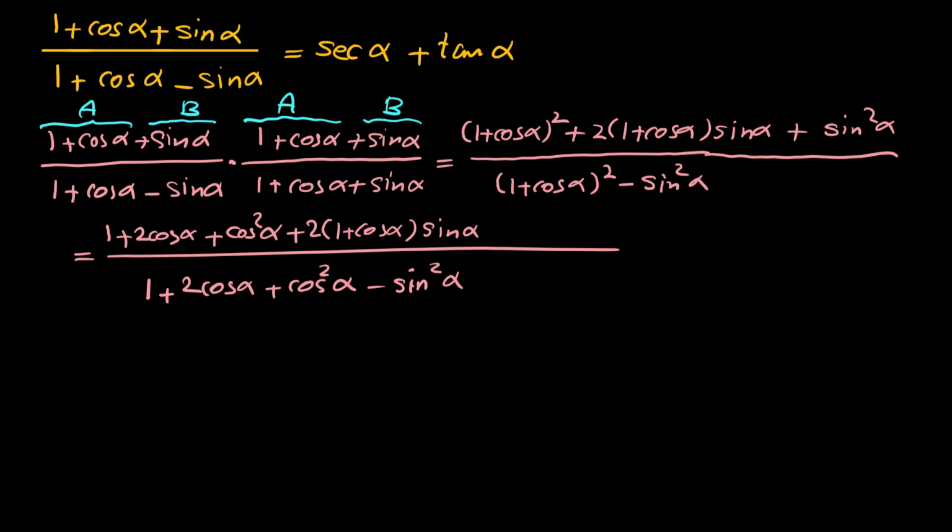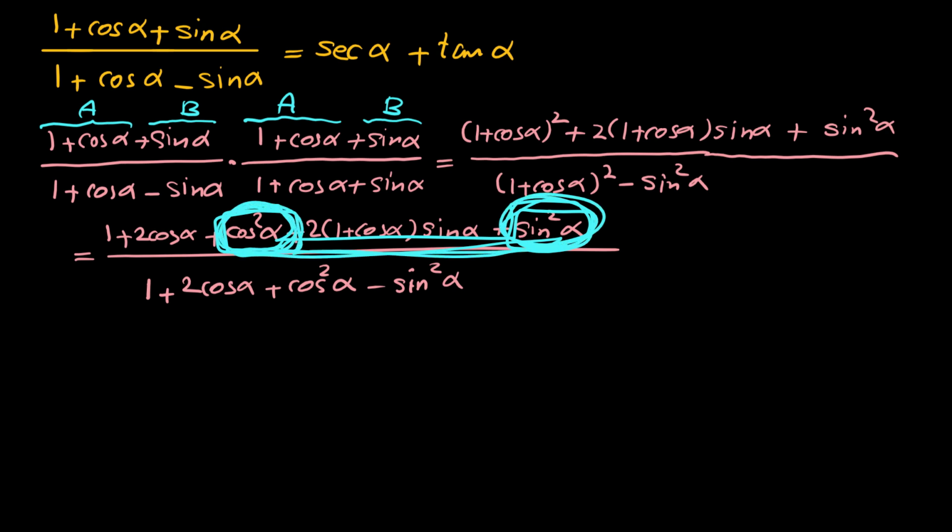So at the end we have sine to the 2 alpha. Now look at this. Cosine to the 2 and sine to the 2, based on the Pythagorean identity, sine to the 2 plus cosine to the 2 is 1. So the sum of these two terms is 1. 1 plus this one here would be 2.